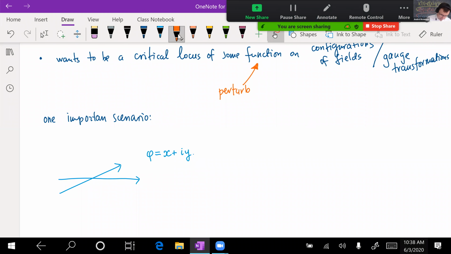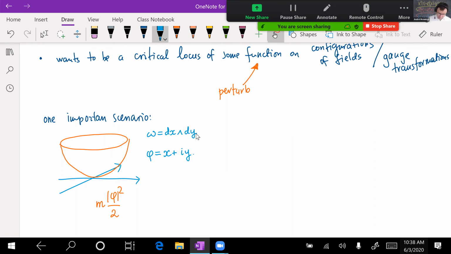Then if I give it an ordinary potential, like a harmonic oscillator potential, I'll write m|phi|^2/2, and I'm imagining that I have a symplectic form which is dx dy, then one way to interpret this function is that it is really the moment map.